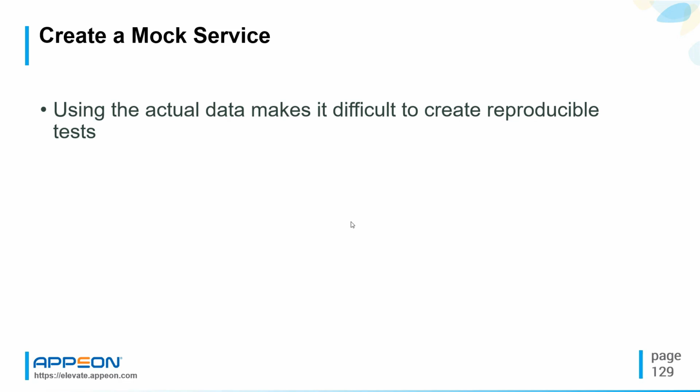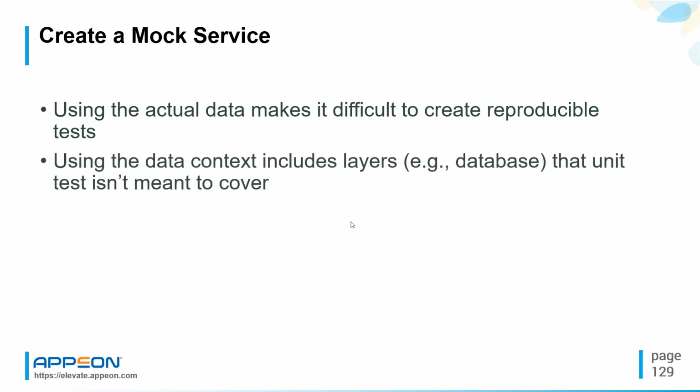When you create a mock service, you've got this fixed set of data that's built into the mock service, and that way you don't have to worry about other developers wiping out data that you're using for testing. It's not going to get clobbered. So it helps to make reproducible tests, and as I mentioned a couple times, it eliminates the database as something that can cause unit test failure.